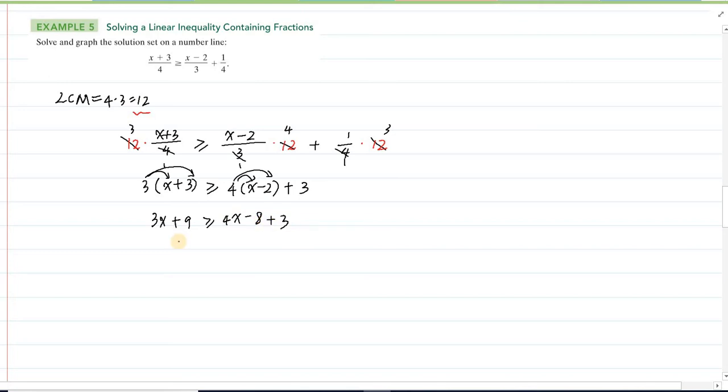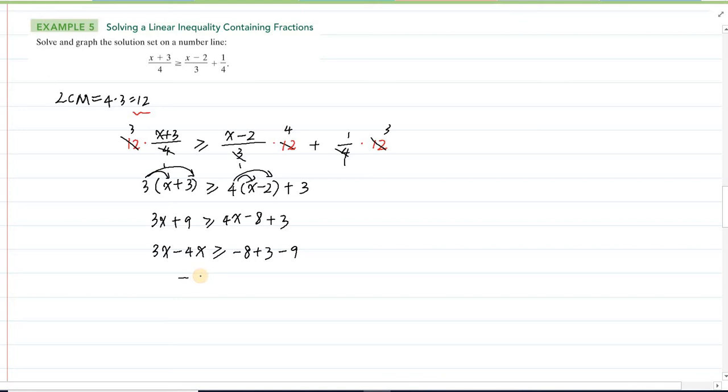You can do this by any method. I'm just going to move all the x to the left and all the constant numbers to the right side, so I'm just going to change the sign. I'm going to have 3x minus 4x greater than or equal to negative 8 plus 3, also subtract 9. I move it to the other side, change the sign, negative 9.